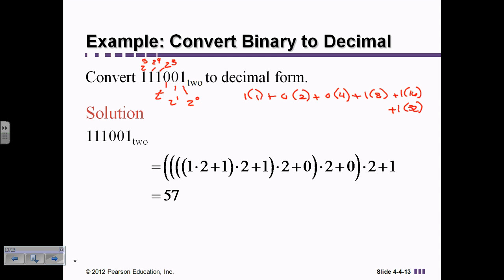Now the way that you're seeing it here is using the calculator shortcut. So we took the first number and multiplied it by base 2, then we added the next digit on, and we continued on through that, and we still ended up with 57. So you can choose to do these by either method, either using the expanded form like we did earlier, or using the calculator shortcut like you see here.